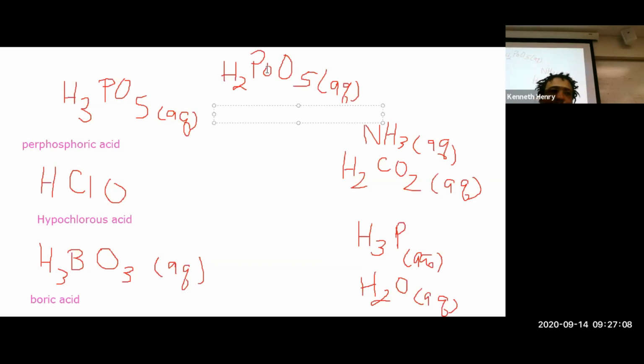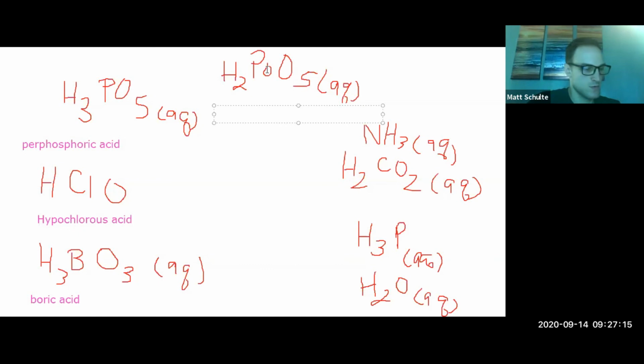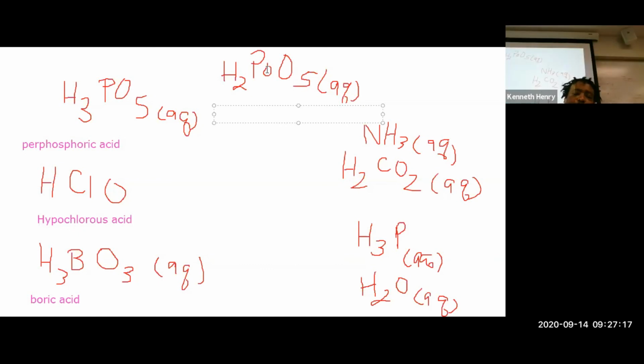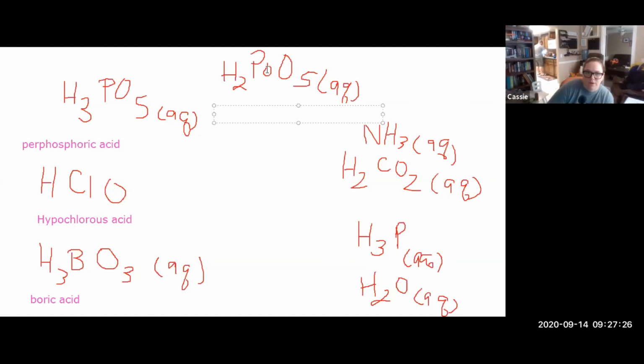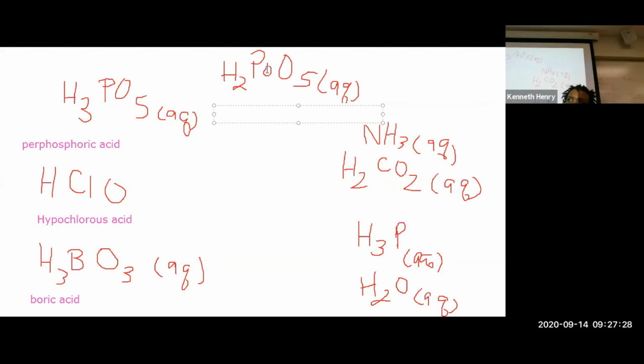Is capital P, lowercase o, phosphate or phosphorus? No. I like this one because it always throws people. It shakes them up because they're not used to seeing PO. It's polonium, or whatever it's called. Okay, so then what would we call this?